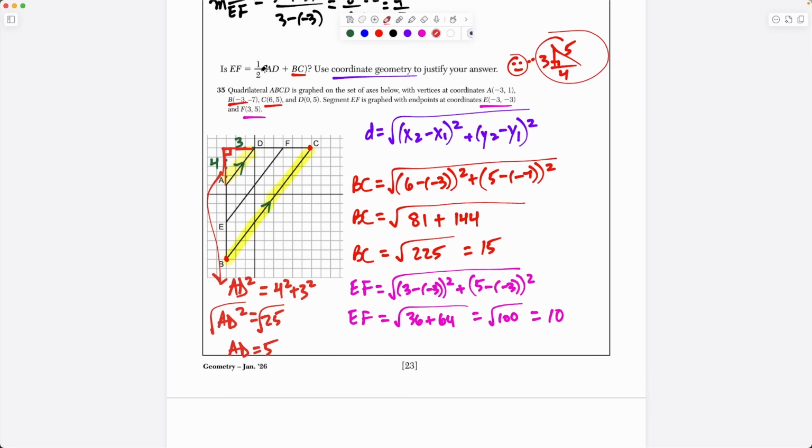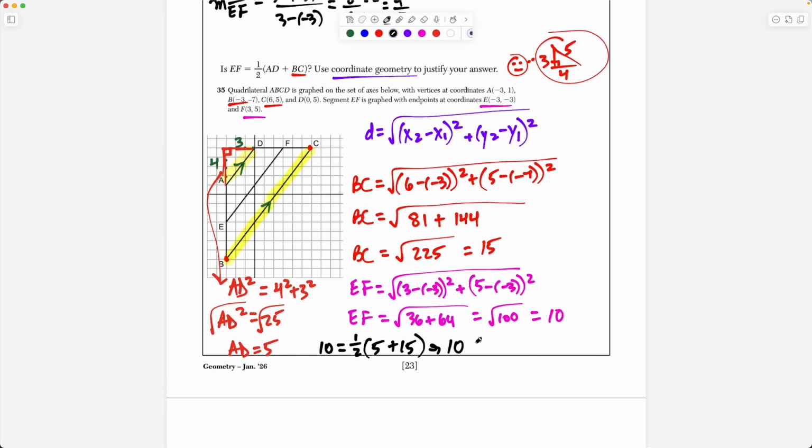So now is this equation true? Is EF equal to 1/2 the sum of these two? So now I just plug in. EF we found is 10. Is 10 equal to 1/2 the sum of AD, which is 5, plus BC, which is 15? Let's see what this works out to.